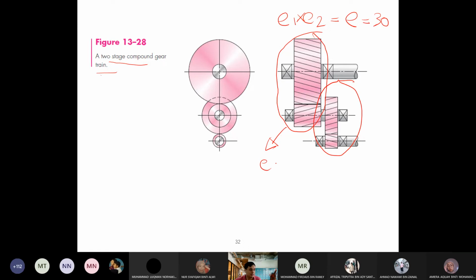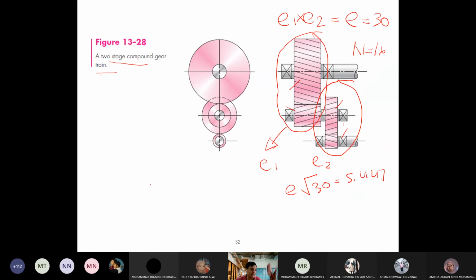This is the E1, this is the E2. Okay, since kita tak tahu exactly number of T, cuma dia bagi tahu then the minimum of T is 16. Alright, so by using that, kita setkan dia 30, we got 5.447 lebih kurang. So this is a ratio between this dengan yang this dengan this. Okay, itu assumption kita yang paling mudah.